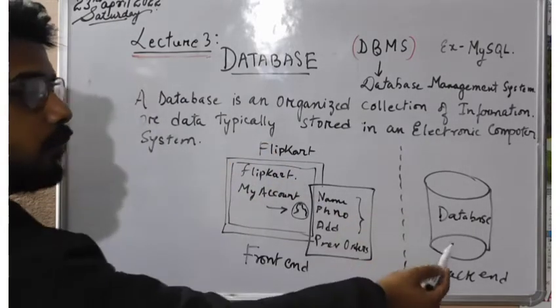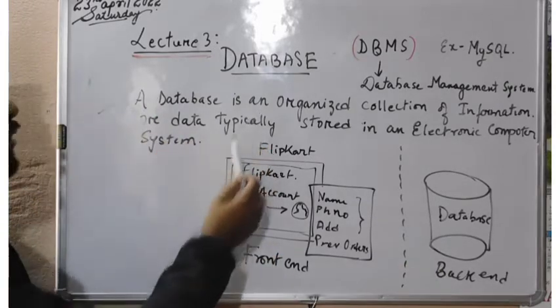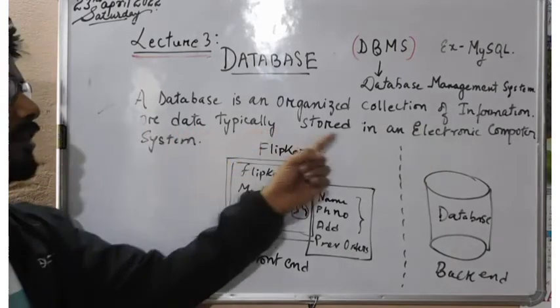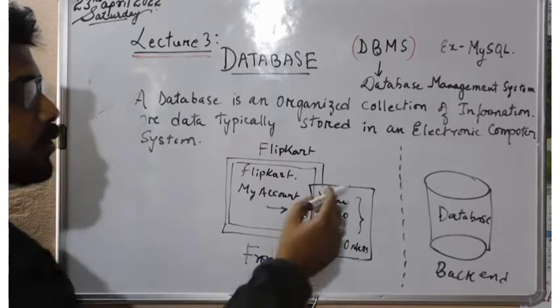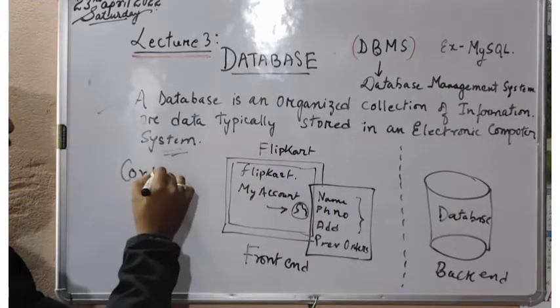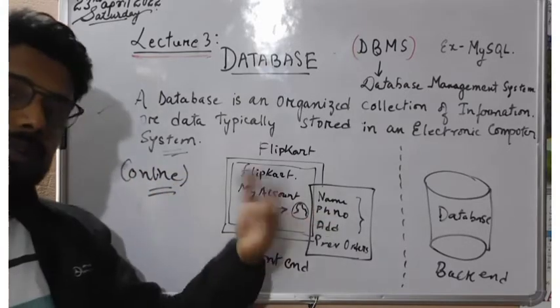Now coming to what is a database. A database is an organized collection of information or data typically stored in an electronic computer system. Nowadays a database can be stored online as well as offline.